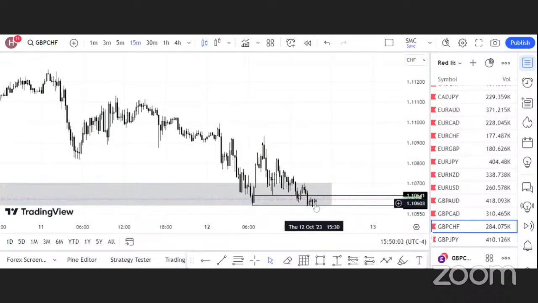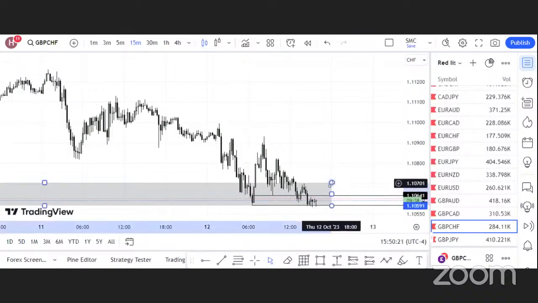The candle hasn't decided yet if it's going to continue to go down or reverse to go up. So if you do that, the market might just go against you.